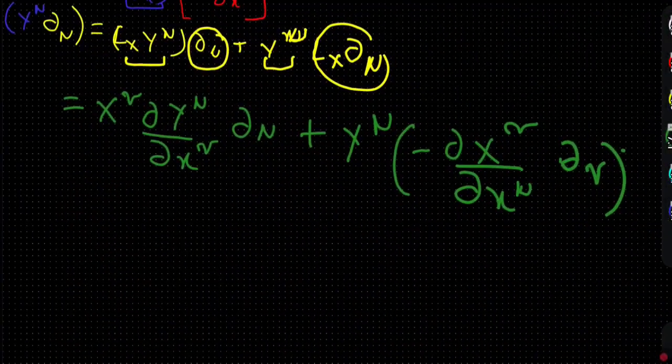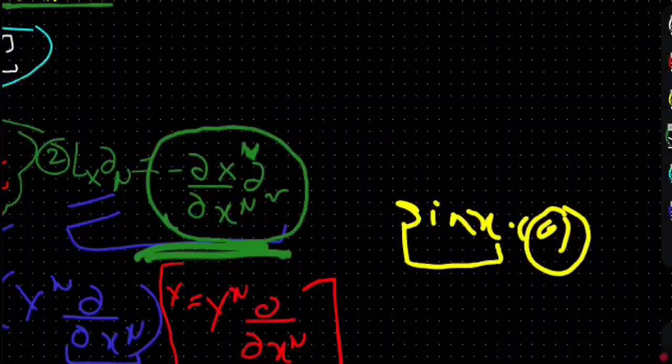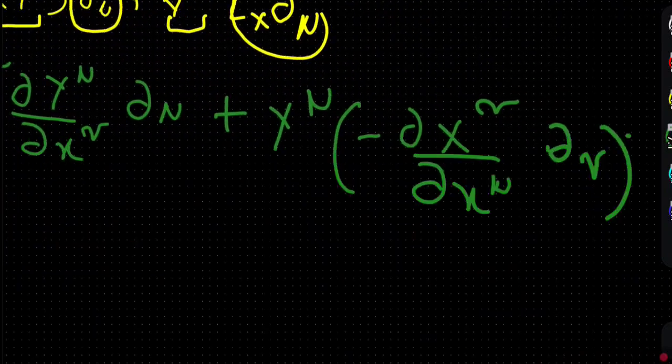So this is our thing. We have written this with the help of this particular formula. This formula is very important, you have to remember this. I have directly written the things that are written here in this particular formula.